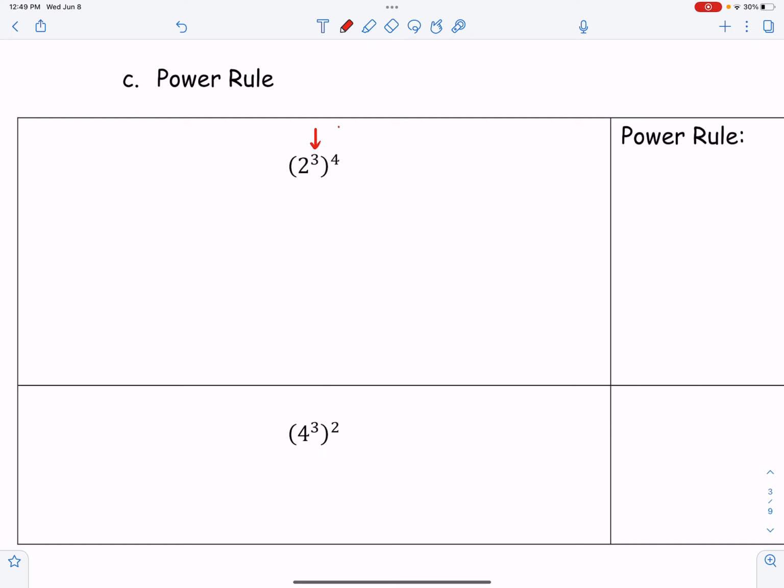And then you want to raise all of that to the 4th power. So an exponent to an exponent, keep your base, multiply your exponents together. That tells me this is going to be 2 to the 12th power. And then again, if I use my calculator, 2 to the 12th power is 4,096.